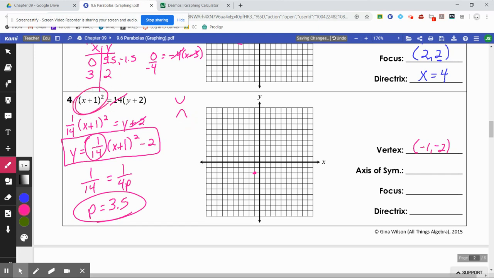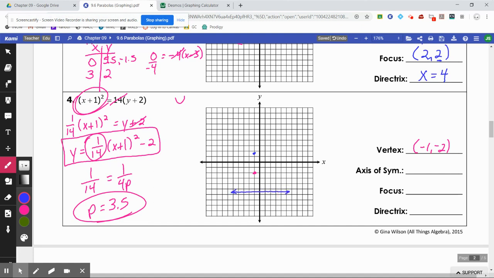X squared parabolas are up or down. Since p is positive, it's going to be an upward shaped parabola. So therefore, you have your focus and directrix. Your focus is going to be up 3.5, which is 1, 2, 3.5 right in there. Your directrix is going to be down 3.5, 1, 2, 3.5, which is somewhere right in here.